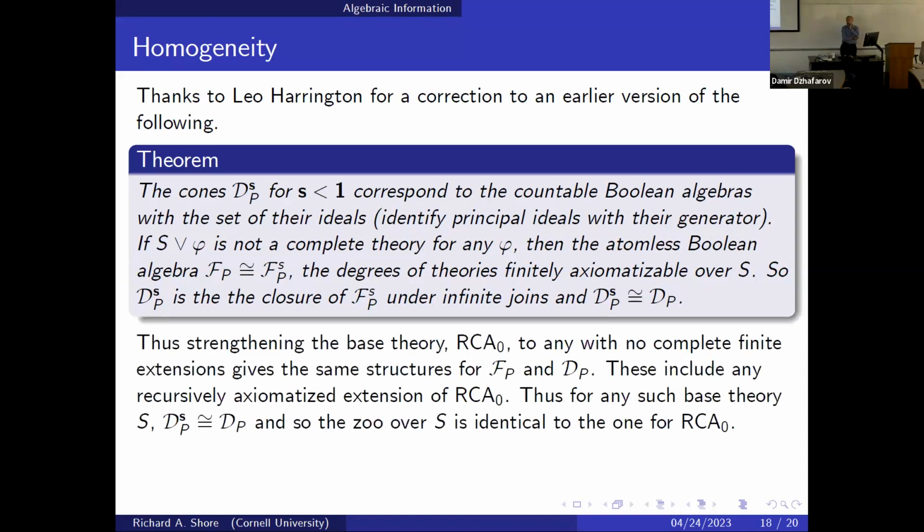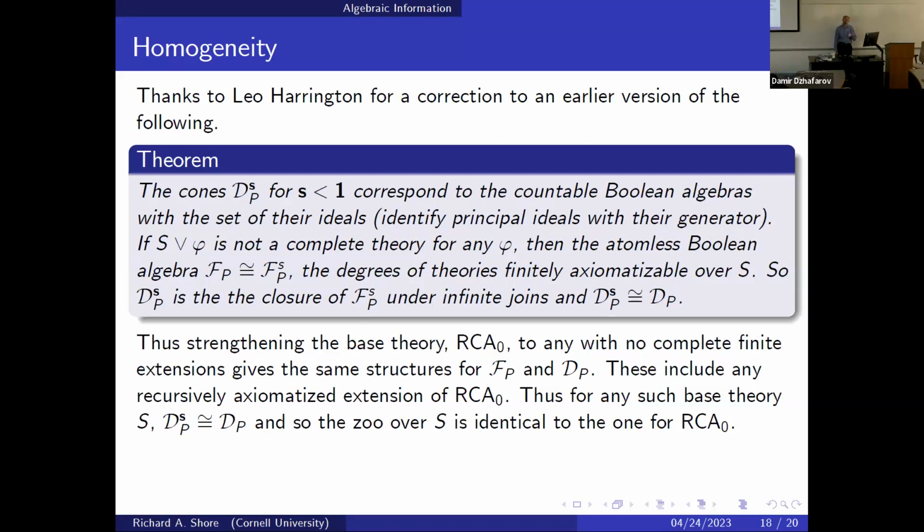The way to think about this in terms of reverse mathematics is, people always ask, what happens if I strengthen the base theory? This says that if you strengthen the base theory by taking a recursively axiomatizable extension, for example, then by Gödel's theorem it still has the property that no finite extension is complete.